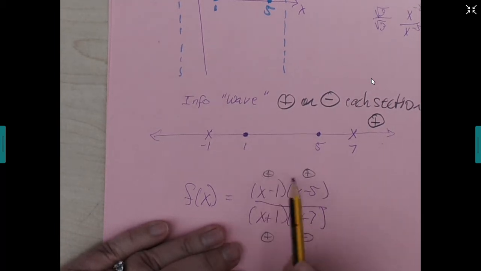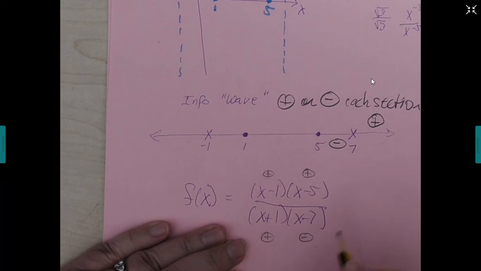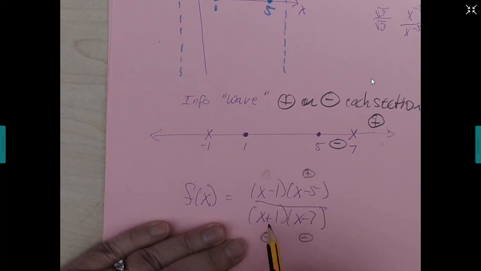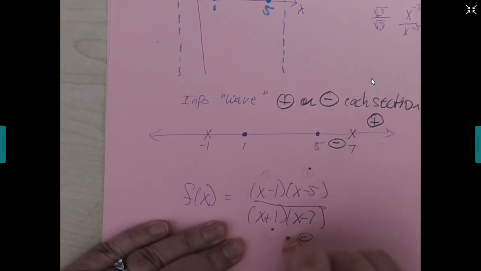Overall, if you multiply 3 positives times a negative, you are going to get a negative number because there's an odd number of negatives. Okay? Try it with the real number if you don't believe me. Right? 6 minus 1, that would be 5, times 1 divided by 7 times negative 1. Okay? Figure it out if you don't like what I'm doing.